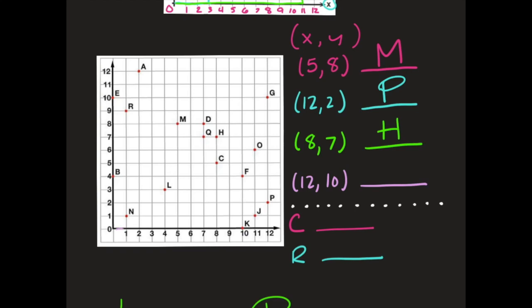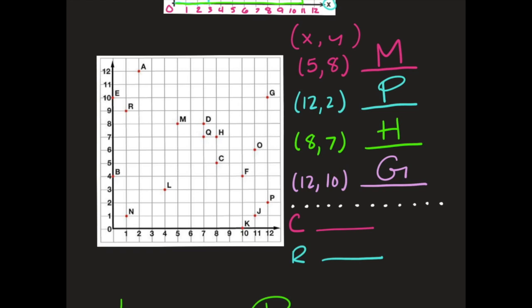So I'm going to go all the way over 12 again, and then all the way up to 10, and I land at G. So this is one way that you can use a coordinate grid where you have points already on your grid, and then you have to locate them. And then the second way, underneath these white dots here, I have the letter C, but I need to write where that letter C is on my coordinate grid.